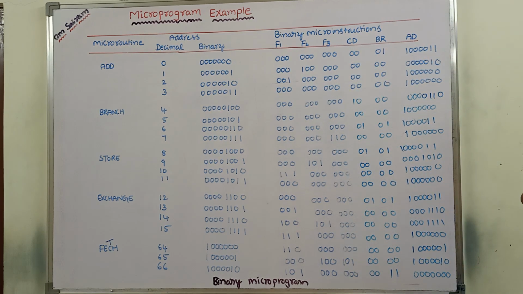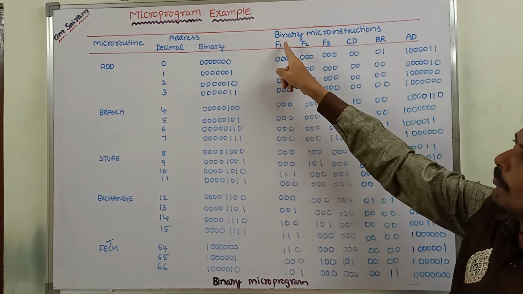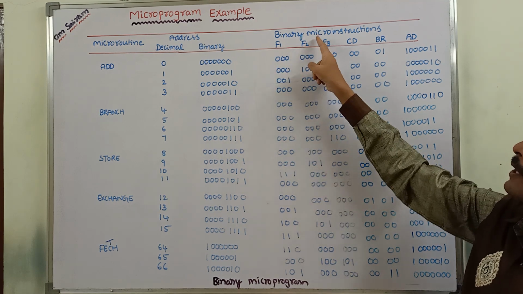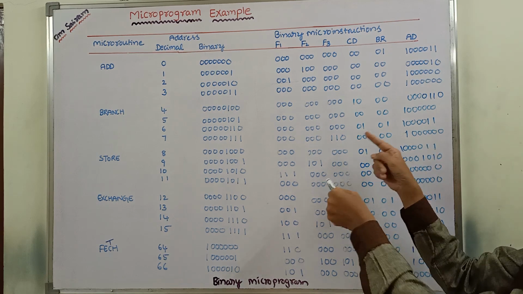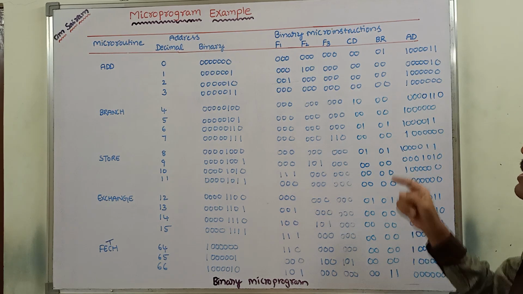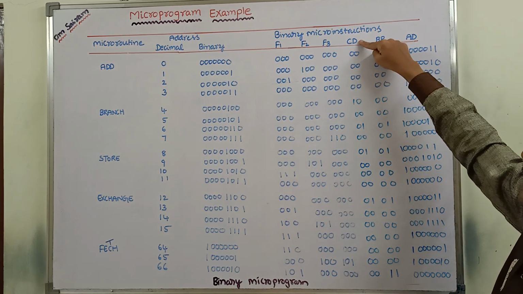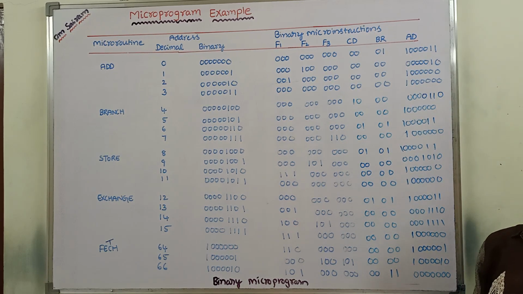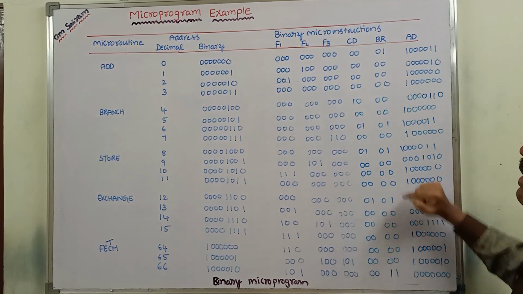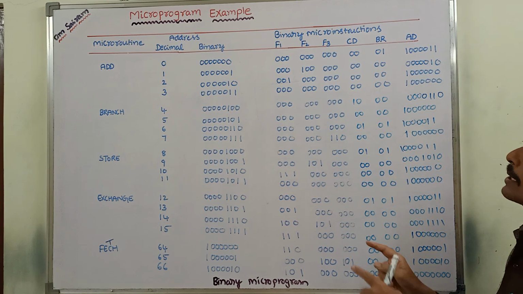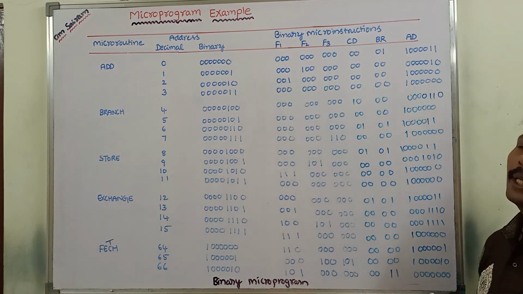Whichever of F1, F2, F3 is used, the corresponding binary code is filled in; otherwise they are filled with 0. The CD value may be 00, 01, 10, or 11. BR contains 00, 01, 10, or 11. AD contains a 7-bit address field. So this is the simple binary microprogram.